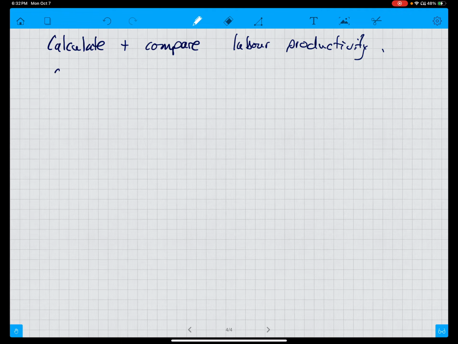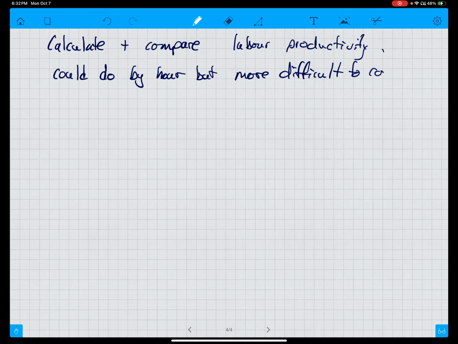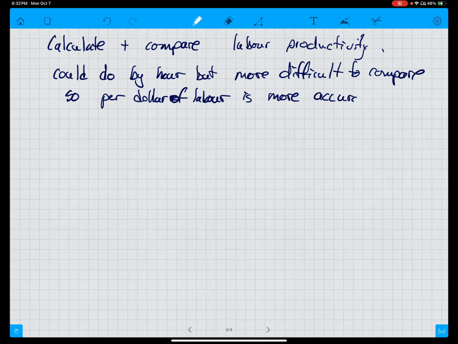So you could do it by hour, but it's more difficult to compare. So per dollar of labor is more accurate. So let's look at a per dollar.